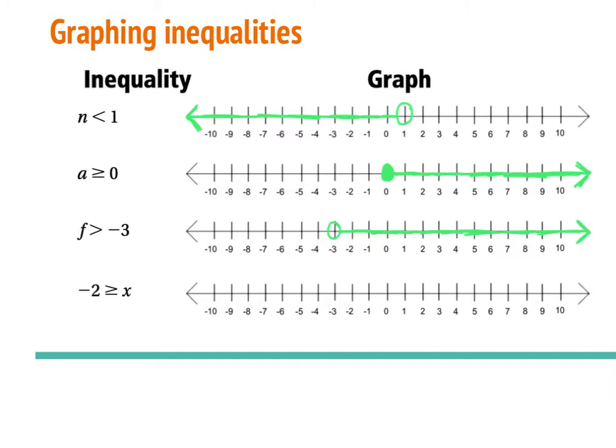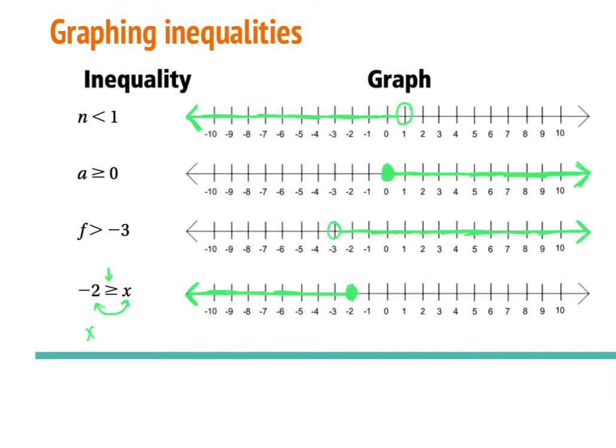All right. -2 is greater than or equal to x. Let's find -2. Put a closed dot on -2. Remember, x is going to be less than -2, so we have to fill in this side. If it helps for these kinds of problems, you can just switch the order and change this.